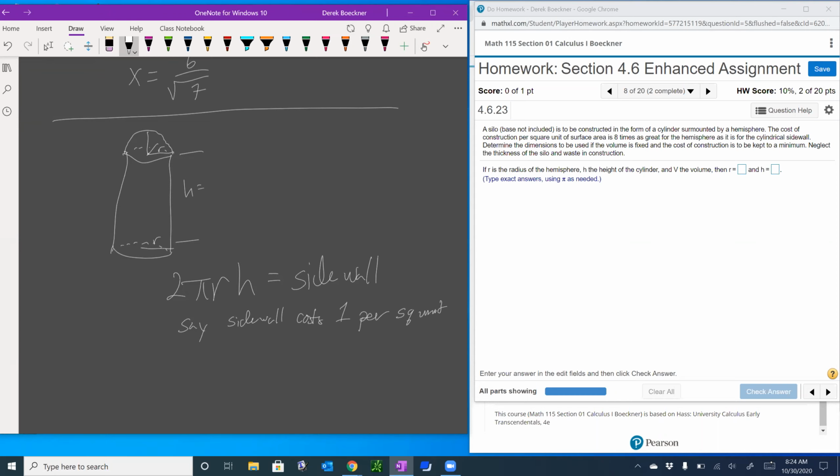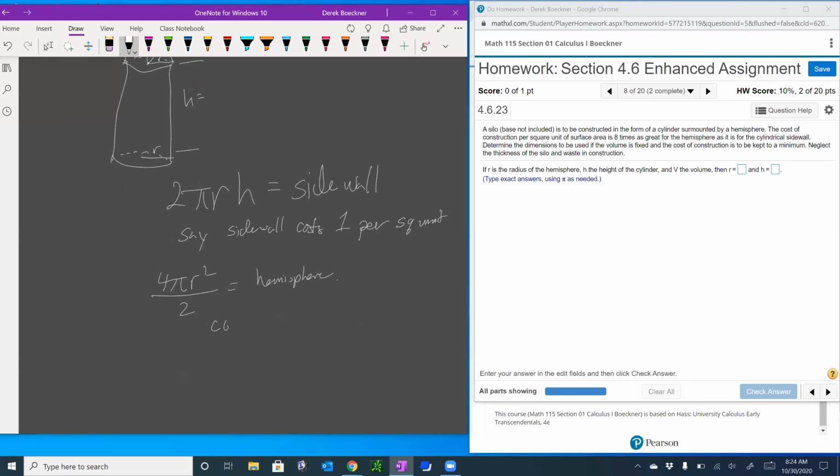And then the hemisphere will cost 8 per square unit, since it's 8 times as much. And the hemisphere, the surface area of a sphere is 4 pi r squared. So that's only half of that, so it's going to be divided by 2. And this will cost 8 per square unit.